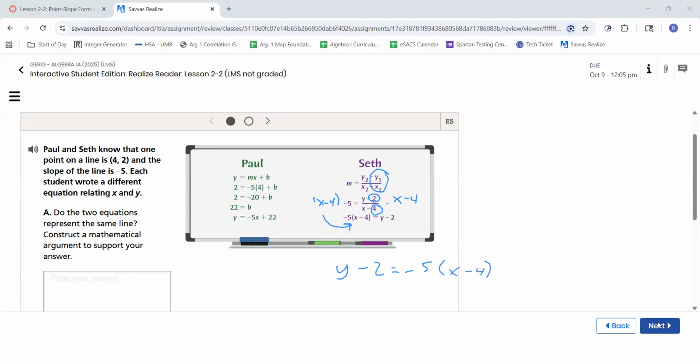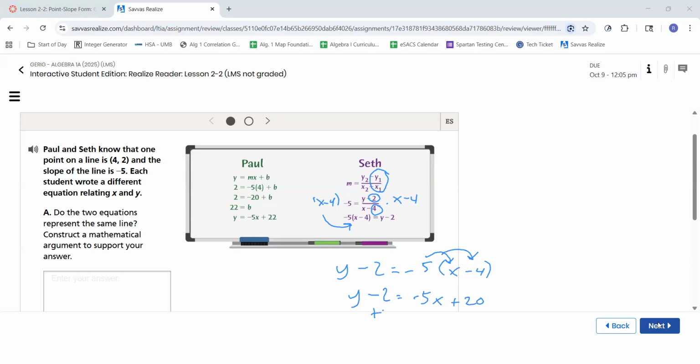So really, point slope form is just a rearranged version of the slope formula. Okay. And so this is actually point slope form. This is an example of point slope form. Okay. Watch this because you will have to know how to do this. I'm going to transform this to slope intercept form by doing the distribution here. So y minus 2 equals -5x, and then -5 times -4 is +20.